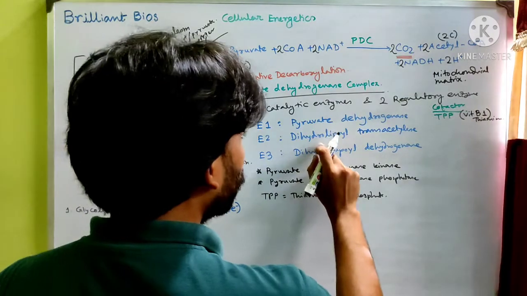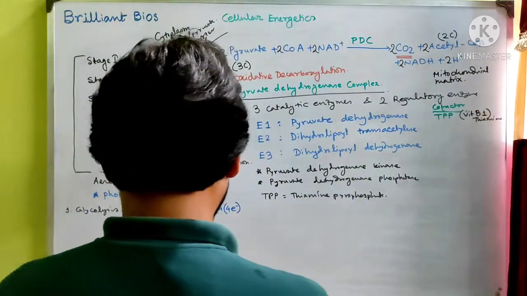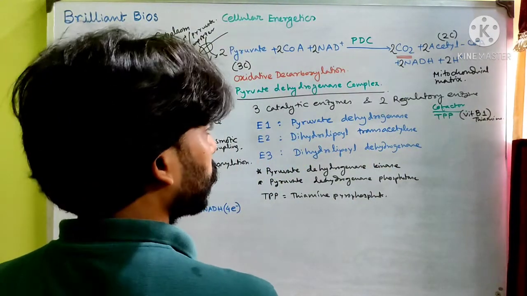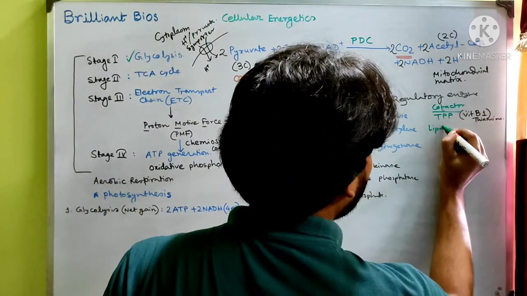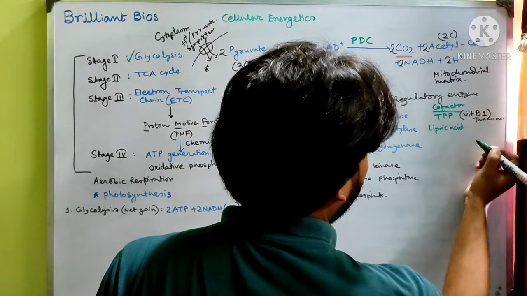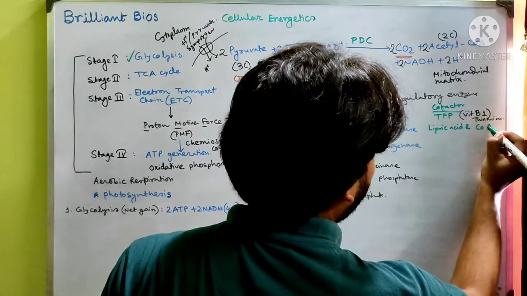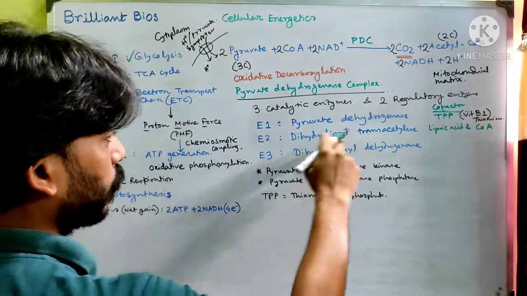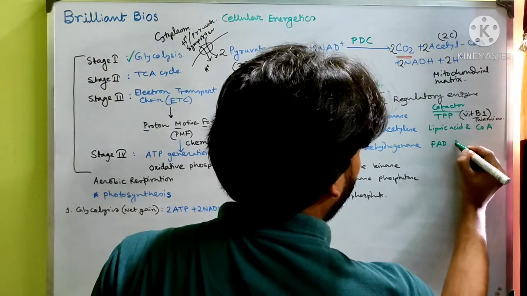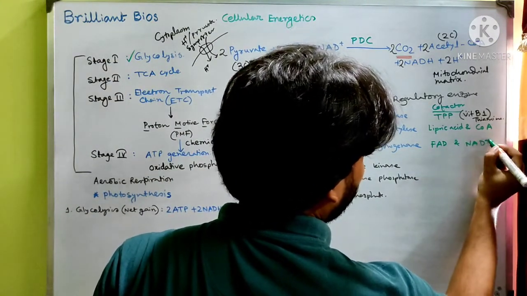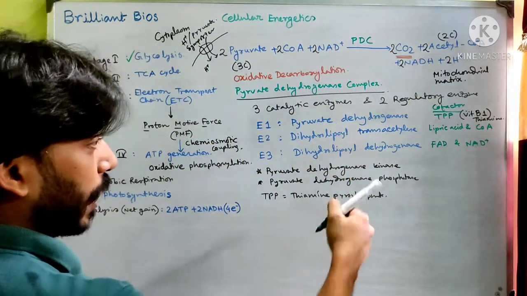Now for dihydrolipoyl trans-acetylase, the cofactors are lipoic acid and coenzyme A. These 2 are the cofactors for this enzyme. And FAD and NAD plus are the cofactors of this enzyme.